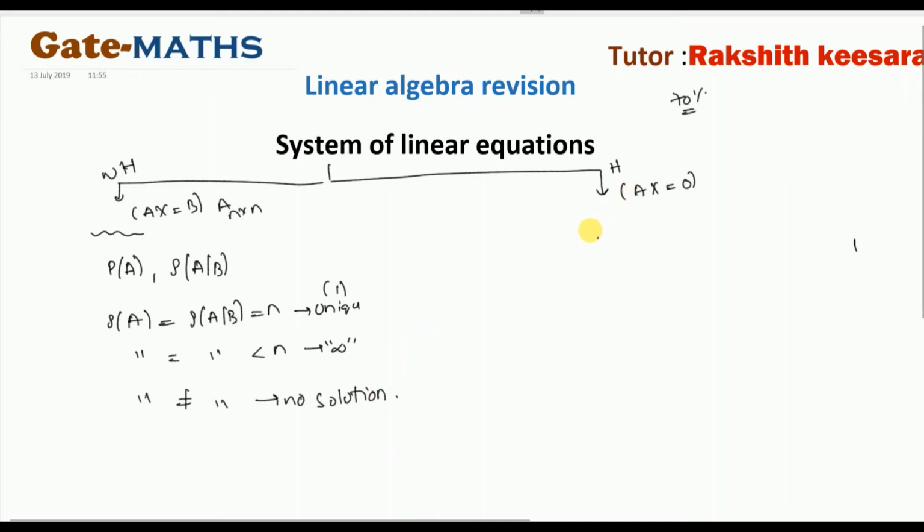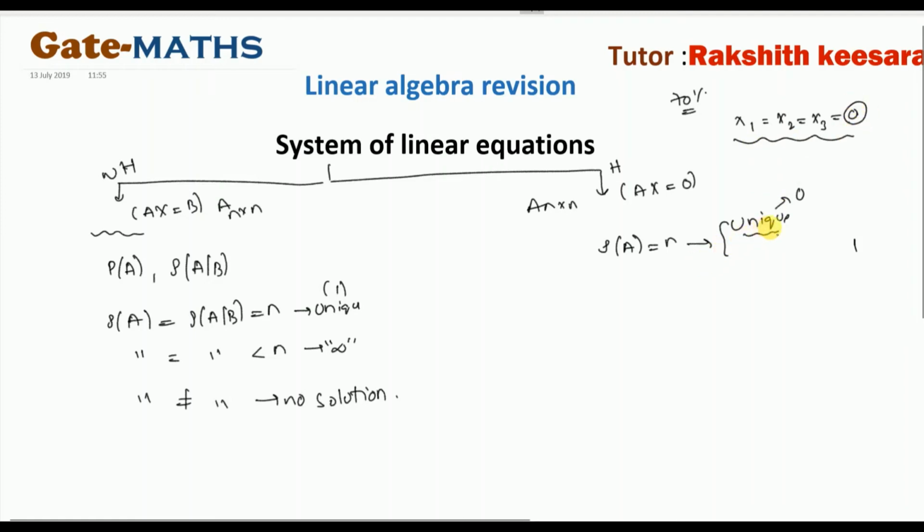And coming to homogeneous, if rank of A equal to n, where n is the order of the matrix A, then it will have a unique solution. See, there are many names for this, and that unique solution itself is a zero solution. I mean x1 equal to x2 equal to x3 equal to 0. This is the solution.